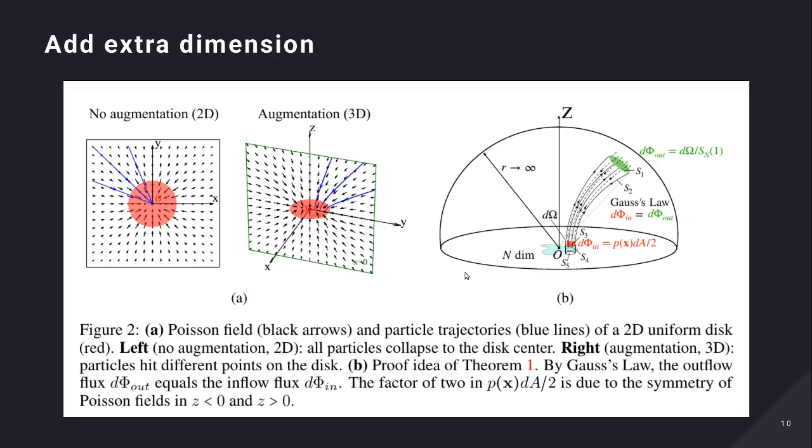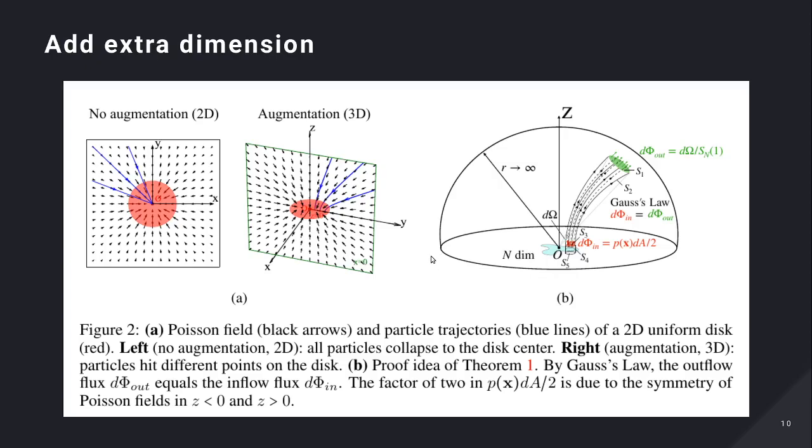Then the thing is, notice that we're now in a 3D space. We would say then it should be a sphere, that we should start from a sphere around our distribution and go back to it. But in practice, because we're only interested in landing on this plane, we can just care about half of the sphere, and that's something the paper does and doesn't necessarily explain.